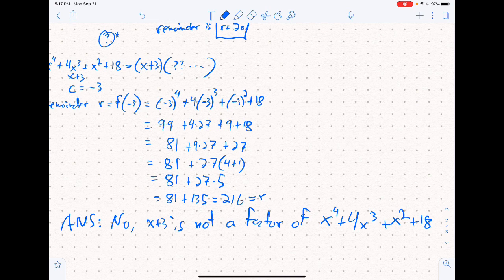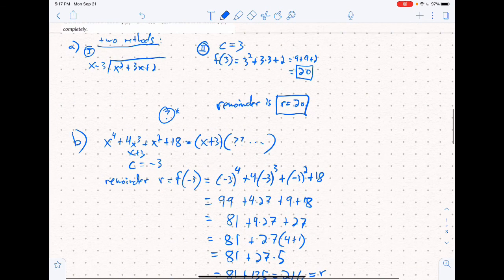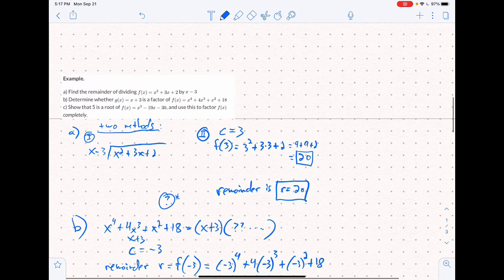Okay, that's B. Let's take a look at C. Show that 5 is a root of this thing, and use this to factor f completely.